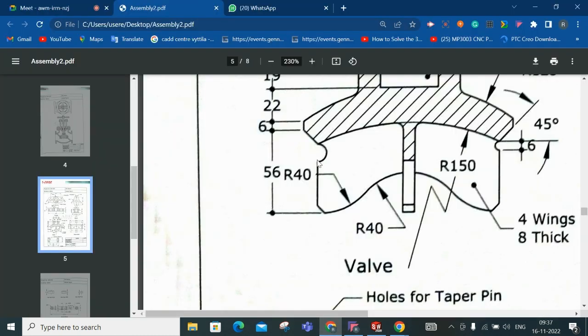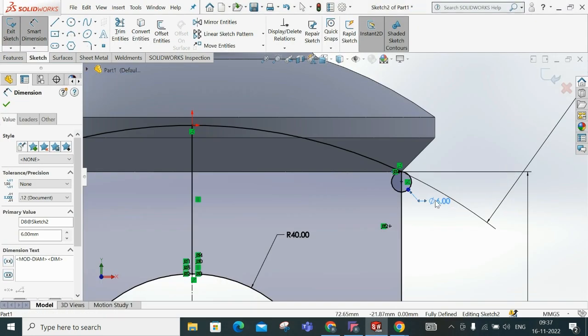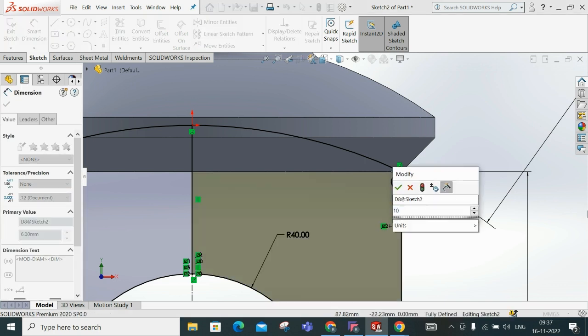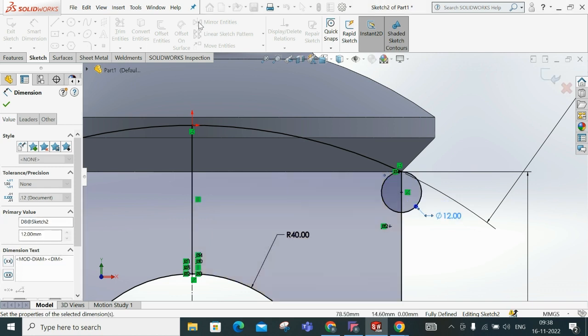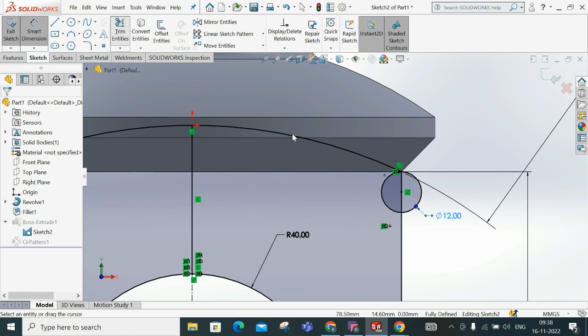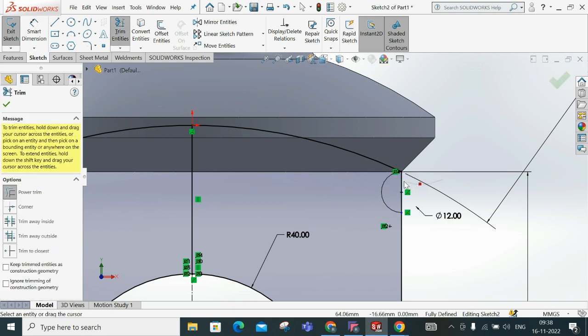Here it is looking so large and here it is looking so small. I don't know what is the reason. Anyway, let me just put something more than 6 then. Let it be some 10 or 12. Sketch, trim these portions.